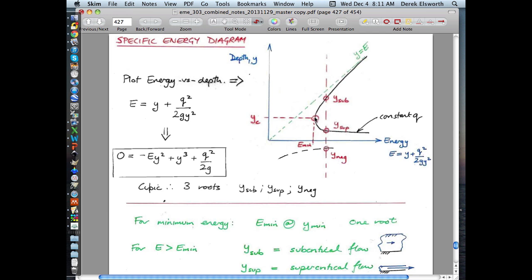And there's also a minimum energy that we can define, which is this point here. This point is given by the math, which comes a little bit after this. The minimum energy is equal to 3 halves times y critical, 3 over 2 times yc.